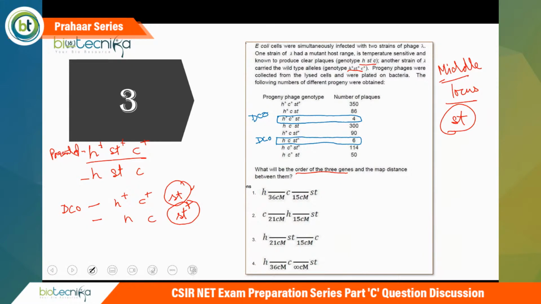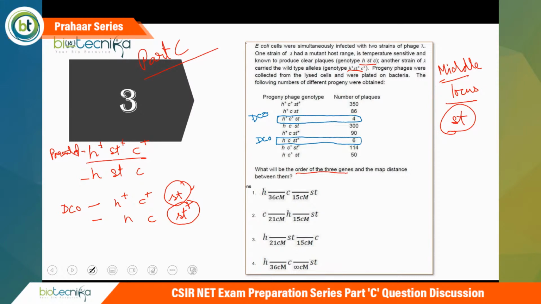Now, the funny part is that this question is asked in part C. You would think it has to be in part C because we have to find both the order and the map distance, so it would be a lengthy process. But do you see the options here? There is only one option with ST as the middle gene locus.